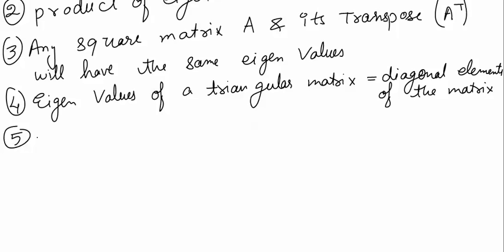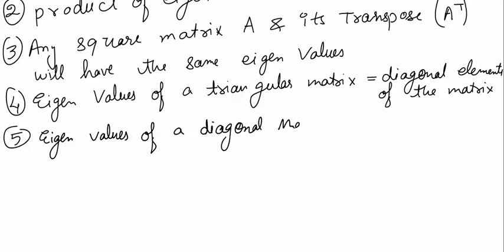Now in this fashion, if I take one more corollary of this, the eigenvalues of a diagonal matrix. What is the diagonal matrix? Which has only the diagonal elements. It is quite evident, it's just the diagonal elements, so you can always say that again the eigenvalues are the diagonal elements of that matrix, right? So this is very simple.